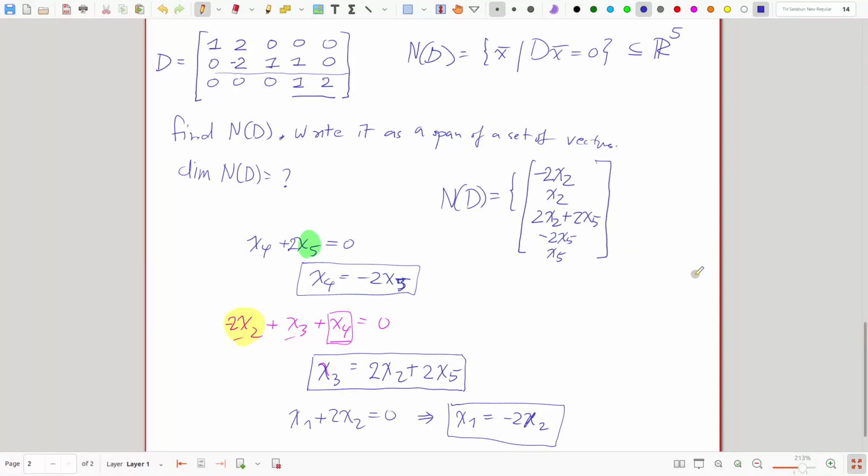This depends on 2 variables, so the set is for x2, x5 belonging to the real numbers.